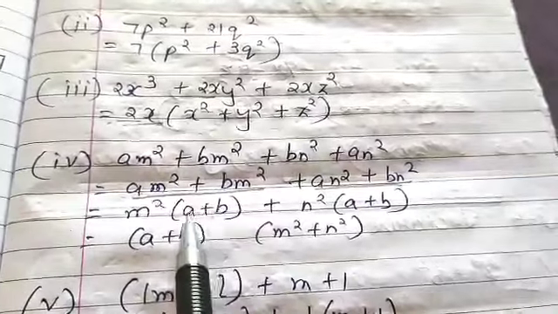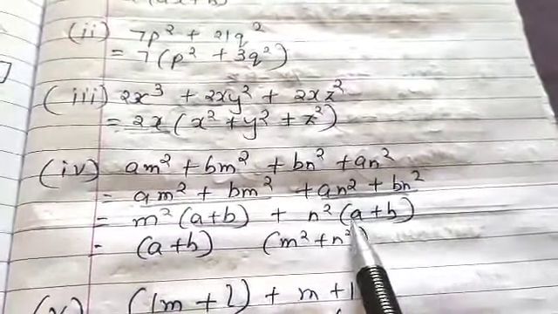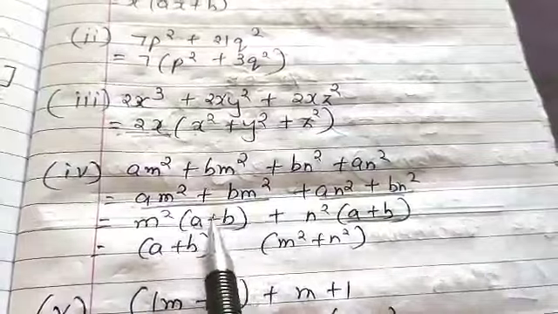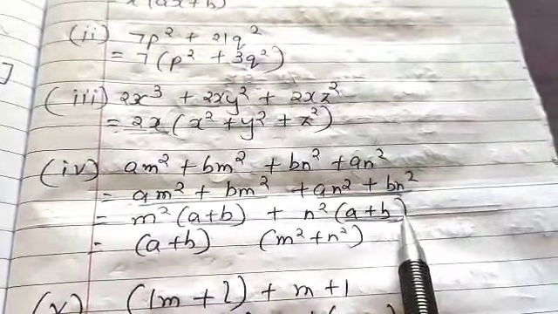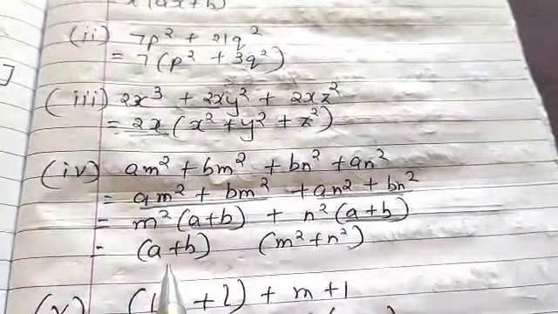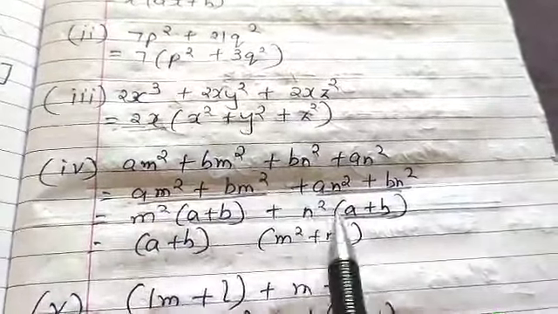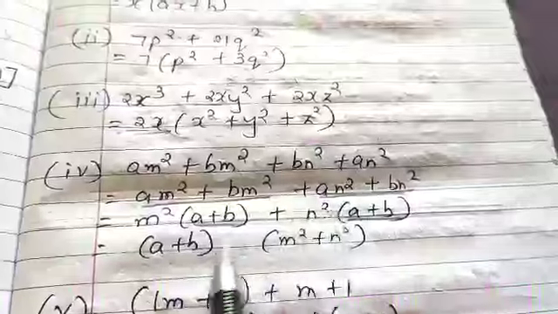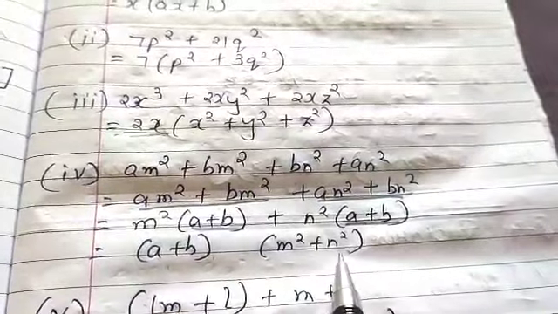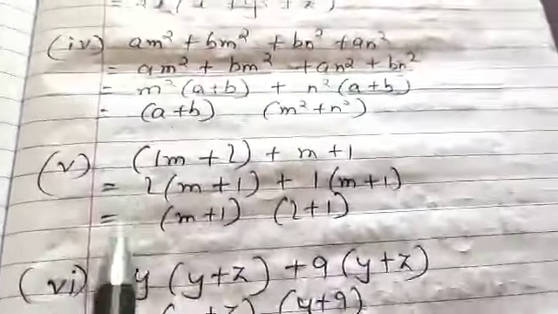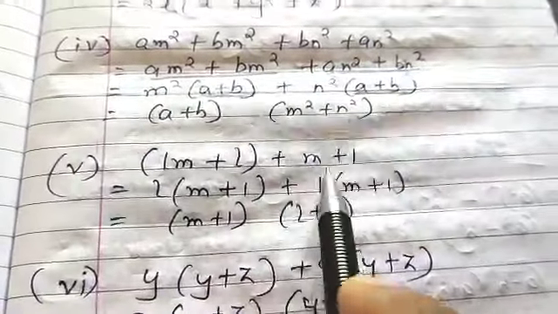Now for the final answer, the common term inside the brackets is a plus b. In both brackets the terms are common, so write a plus b one time, and the uncommon terms, that is m square plus n square, write in another bracket.